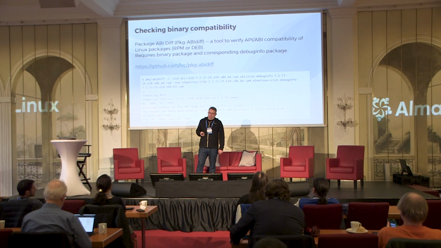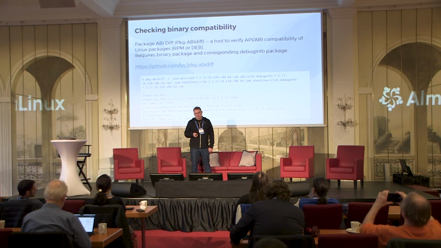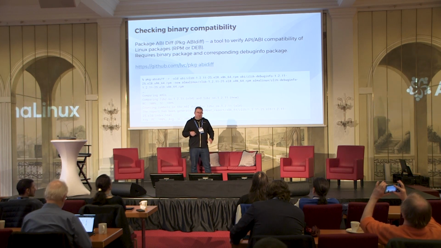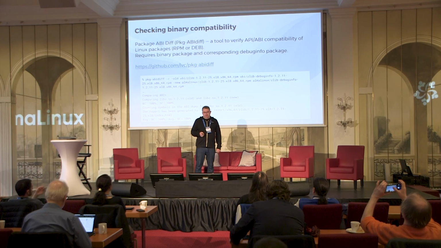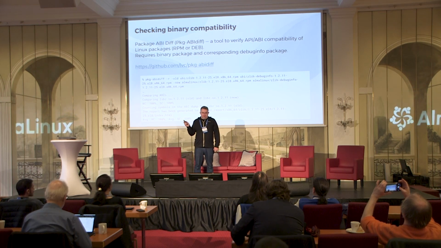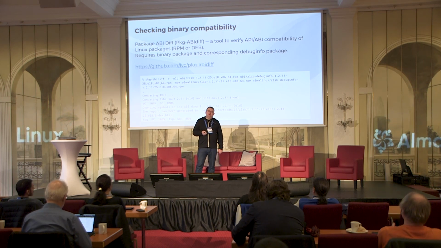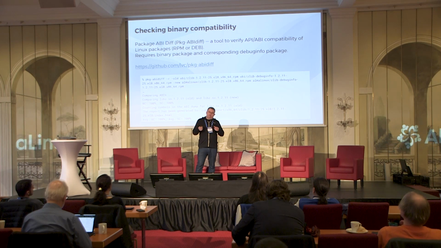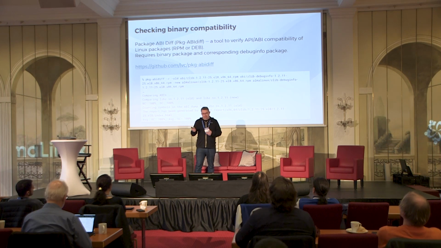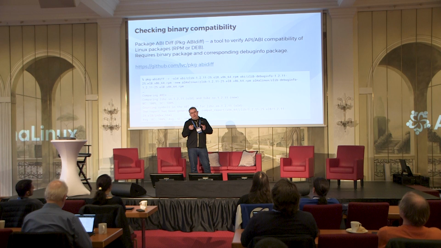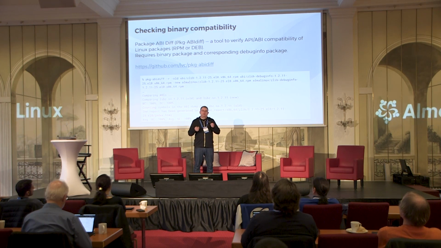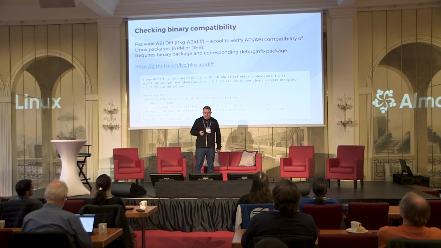So OK, now we have a built package. What to do next? We can compare it with some legal sources of Red Hat. In this example, I took a tool, abipkgdiff, to compare zlib between UBI and AlmaLinux. It requires a binary package, and it requires the debug info package corresponding to this binary package.